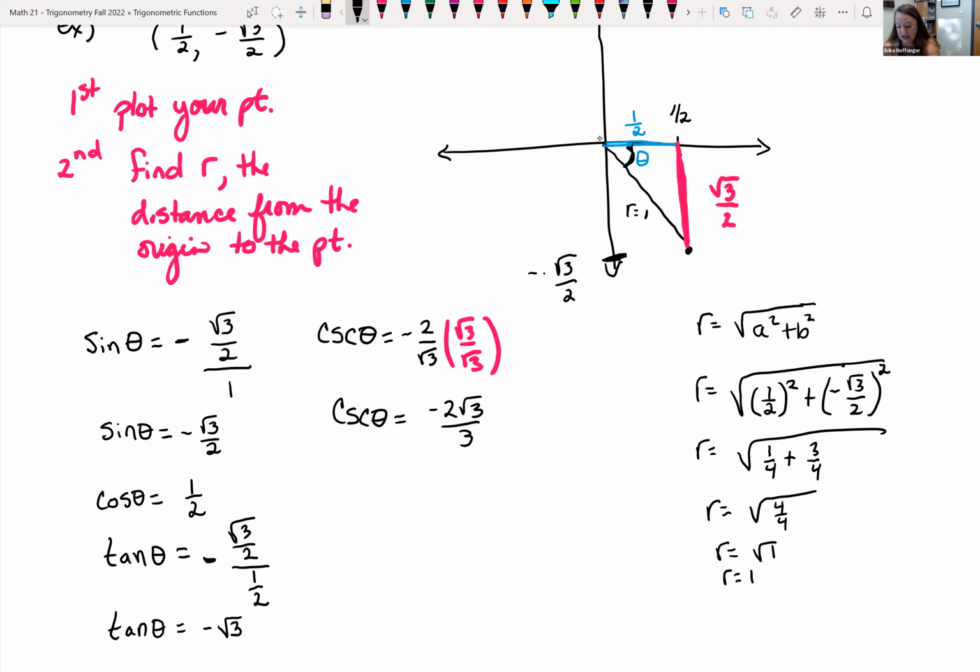Reciprocal of cosine theta is secant theta. Reciprocal of 1/2 is just 2. And then cotangent theta. Reciprocal of negative √3 is negative 1 over √3, which if we multiply by our fancy one, √3 over √3, we can rationalize that denominator, and we get that cotangent theta is negative √3 over 3.